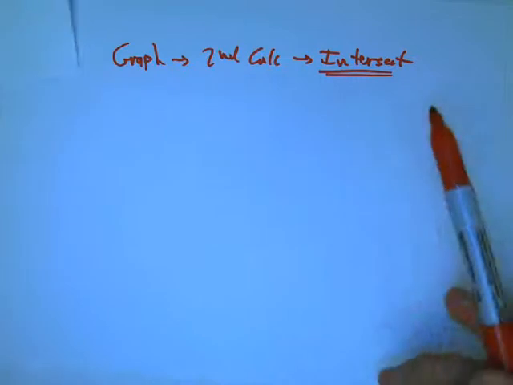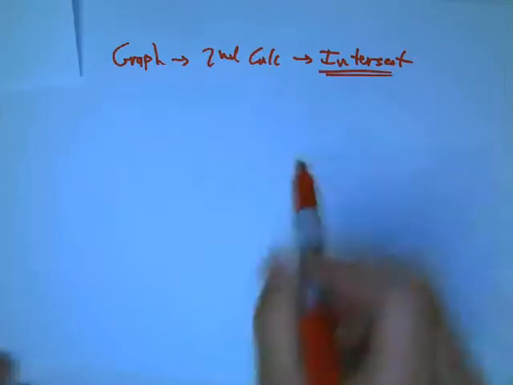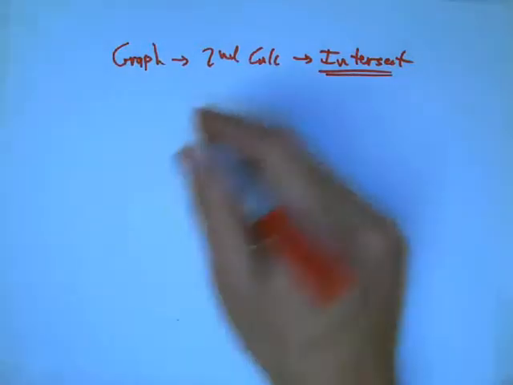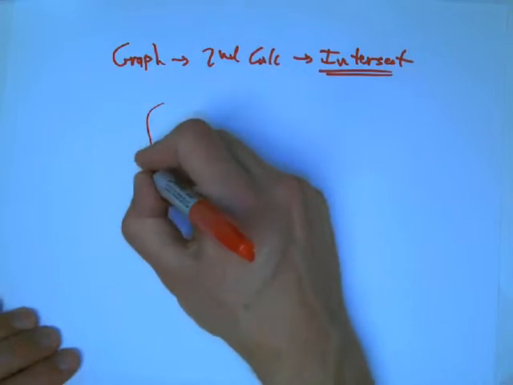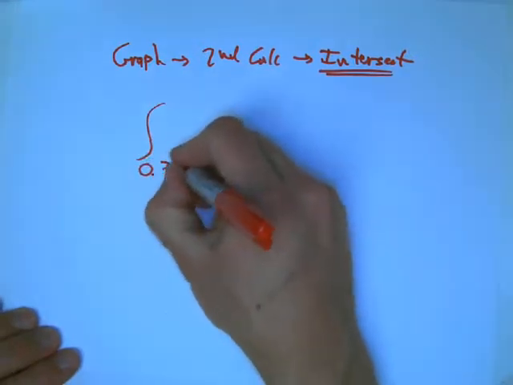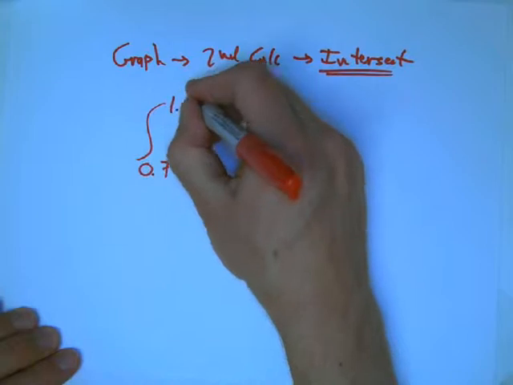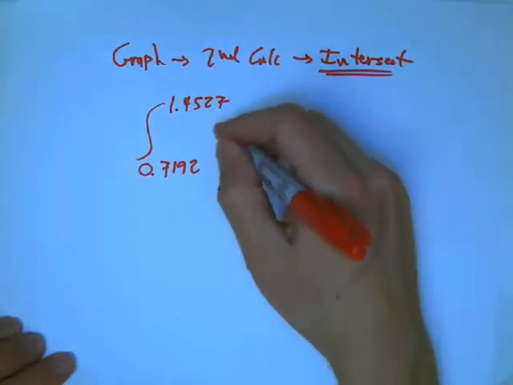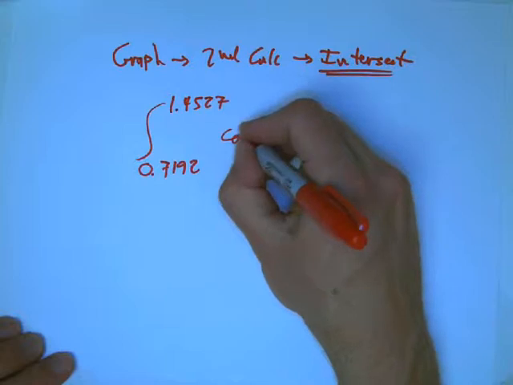You might have a situation where you actually do an integral, like the area between two curves, where you get some intersections, and you got these things off of the second calc intersect, and then maybe you have like cosine 2x minus 1 over 1 plus x squared dx.